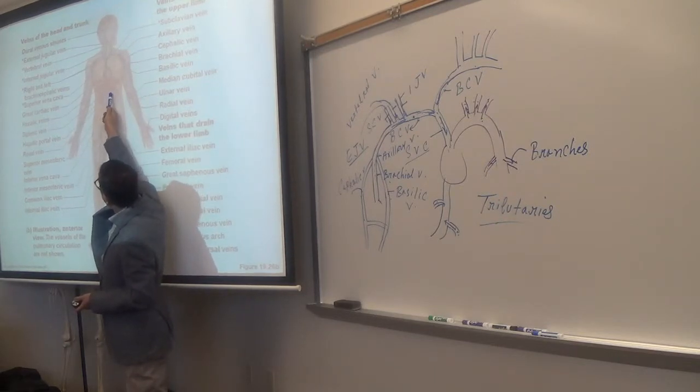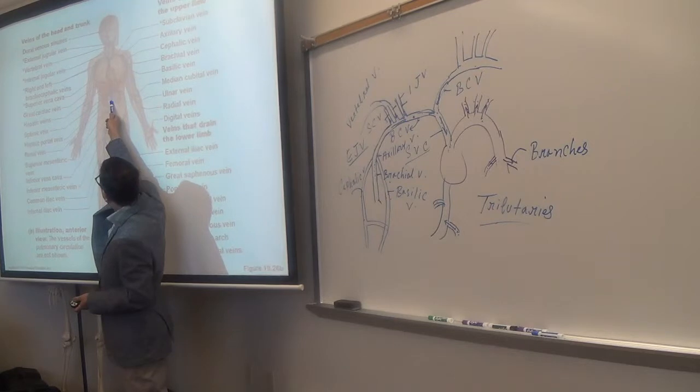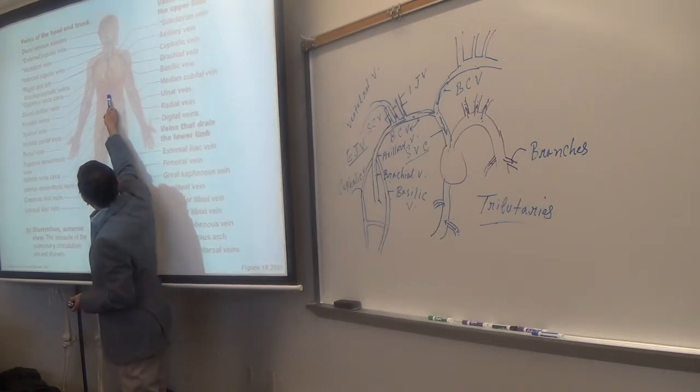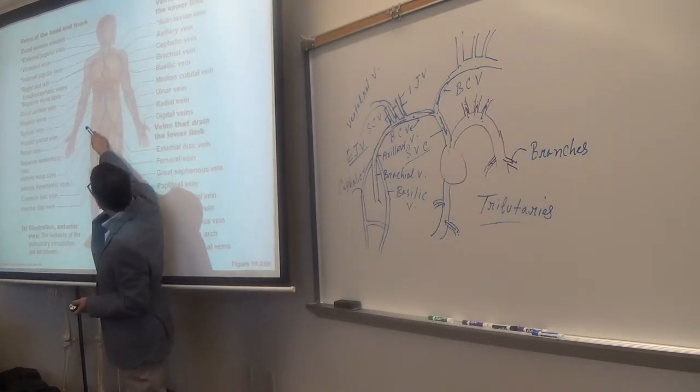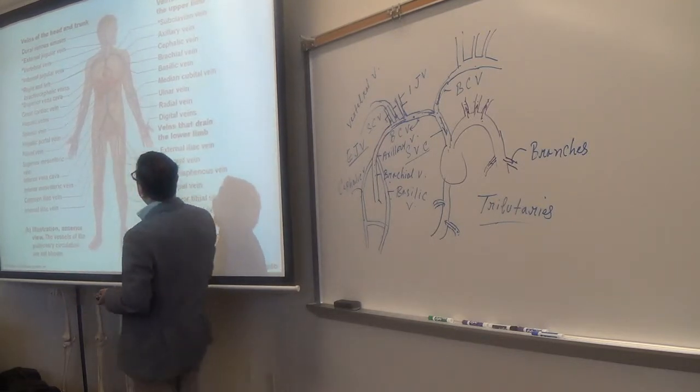Renal veins bring deoxygenated blood from the kidneys into the inferior vena cava. Hepatic vein from the liver to the vena cava. Splenic vein from the spleen to the vena cava. Gonadal veins from the gonads, testes and ovaries, into the inferior vena cava.